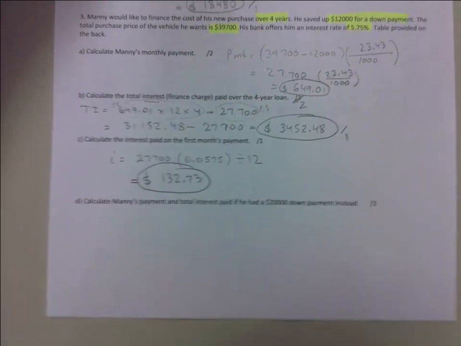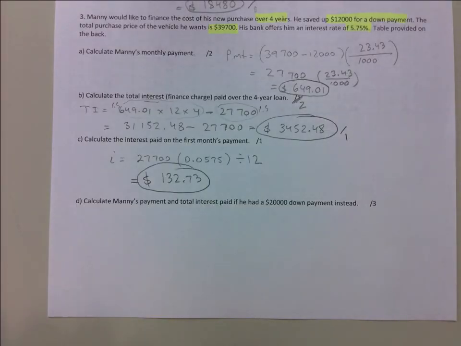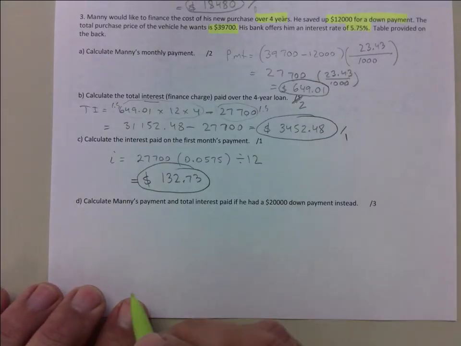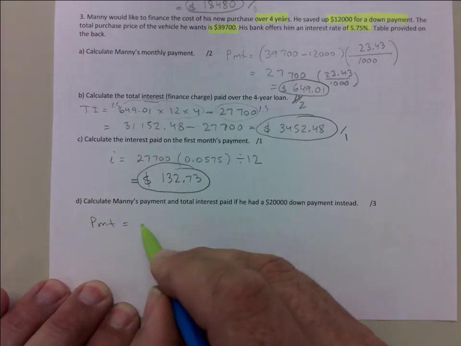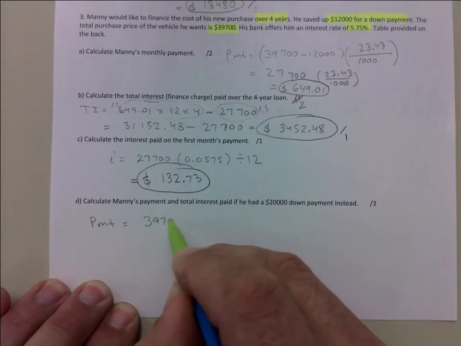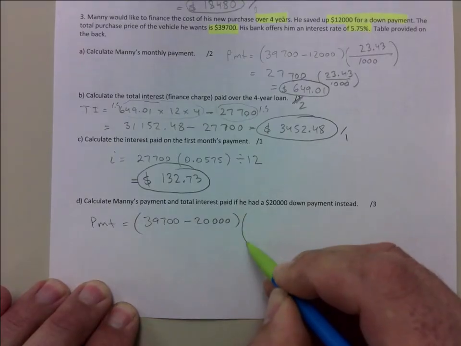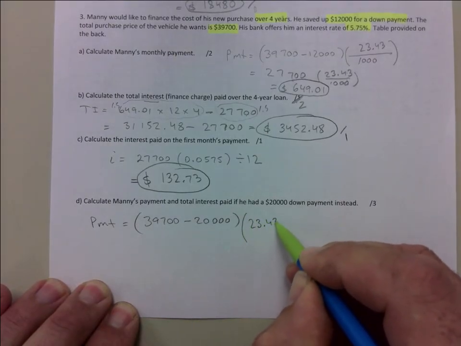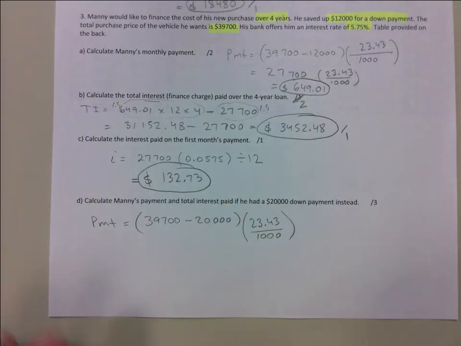Next, calculate monthly payment and total interest if you had a $20,000 down payment instead. Okay, so for the payment, you would go 39,700 minus 20,000. You still pay 23.43 because the interest rate and the amount of time hasn't changed.